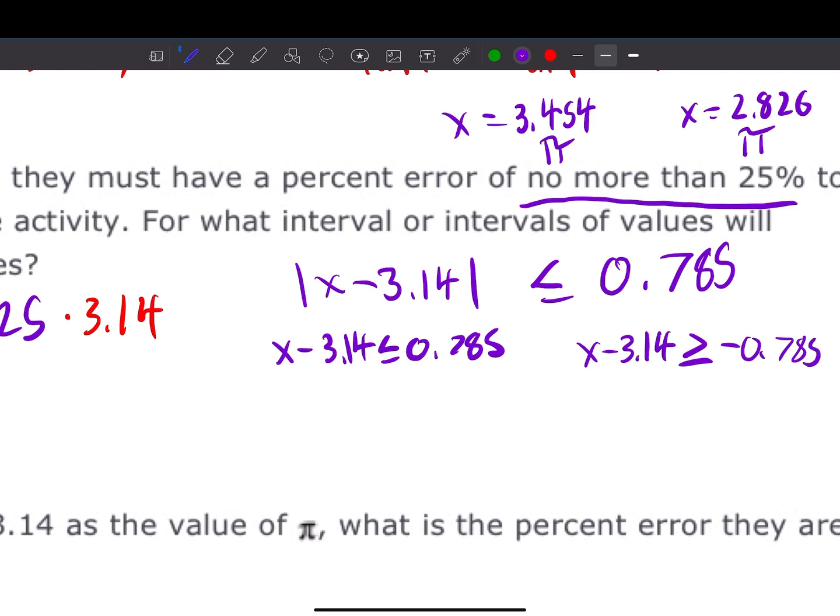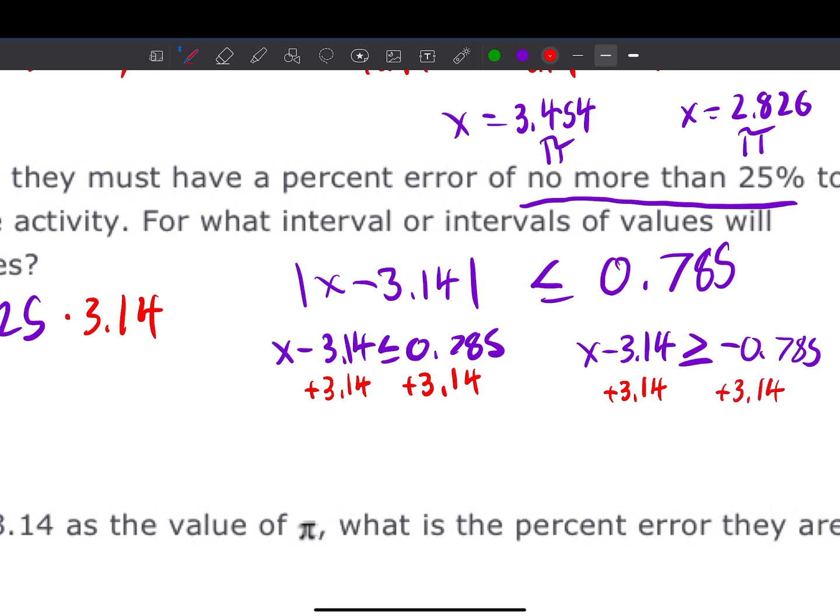So we have to remember, when we're doing inequalities for absolute value, when you introduce the negative, the inequality switches directions. Then we solve. And notice now all I have to do is add 3.14. This is because of my choice of flip-flopping around the formula and having the observed minus the average, or observed minus the theoretical.